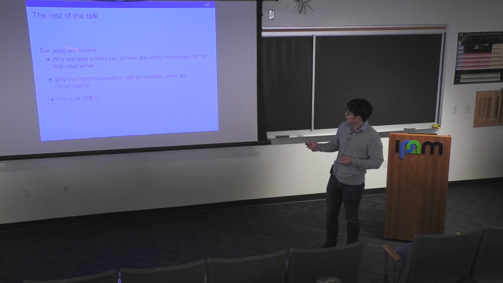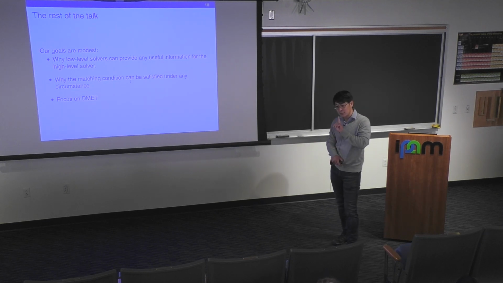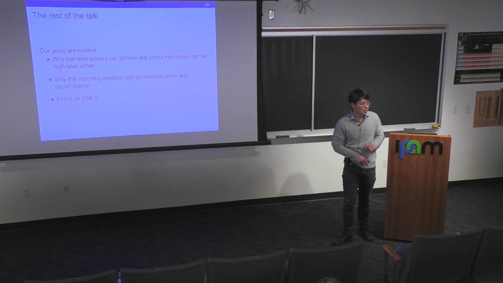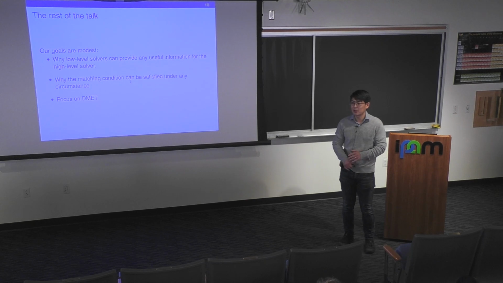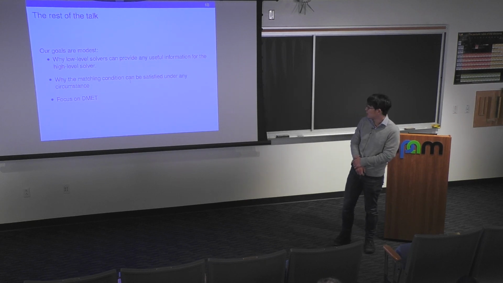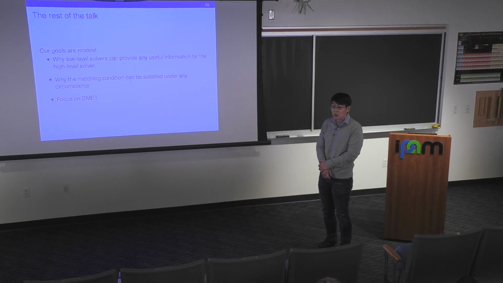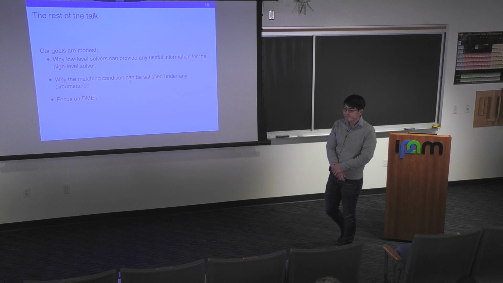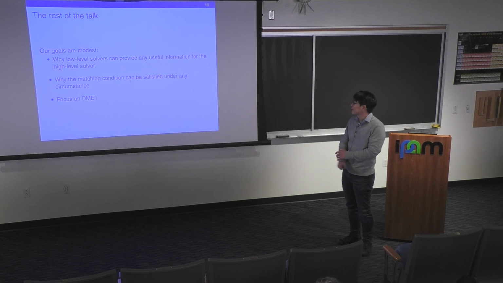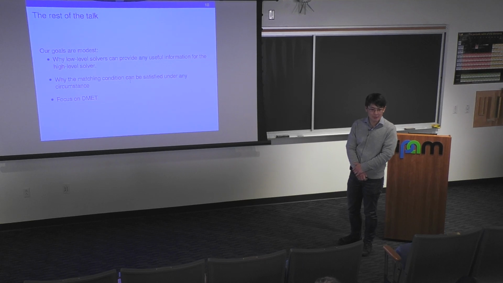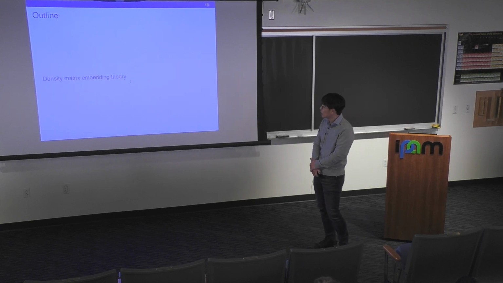Because I think this is already enough for the talk, I only focus on one embedding method, which is DMET. DMET is simpler than others to some extent, and you can say a bit more that is concrete, rather than saying, hey, I want to couple these two things together, let's hope it works. The science happened that way, but hopefully we can say something concrete about these things. Any questions so far?